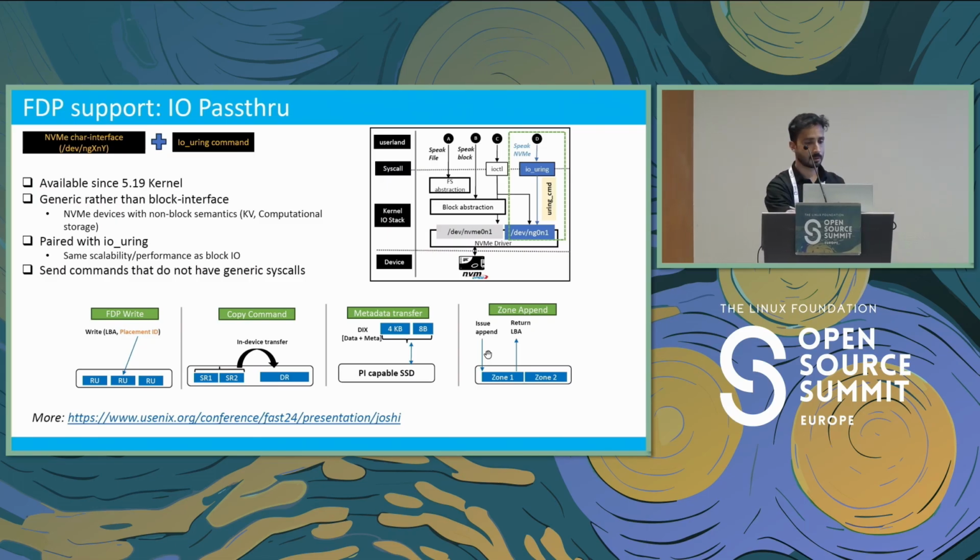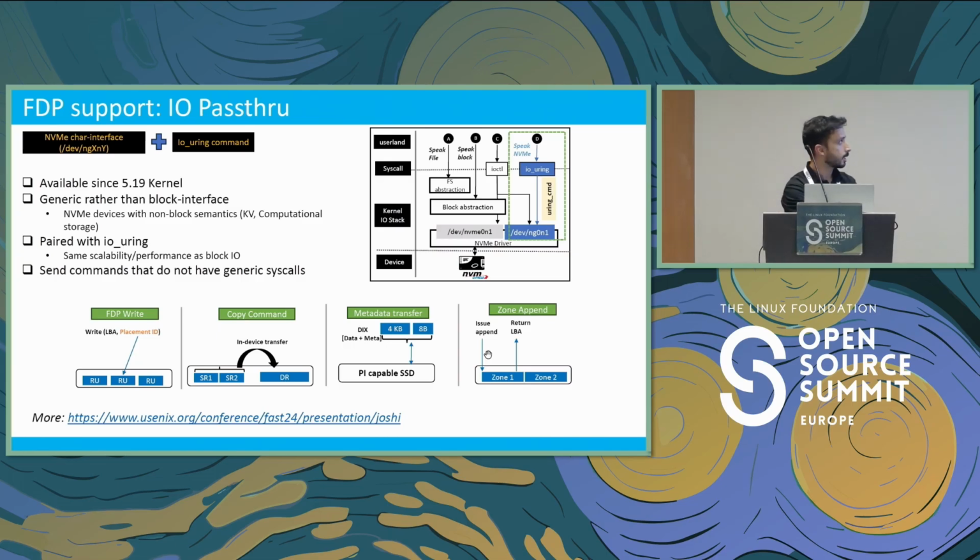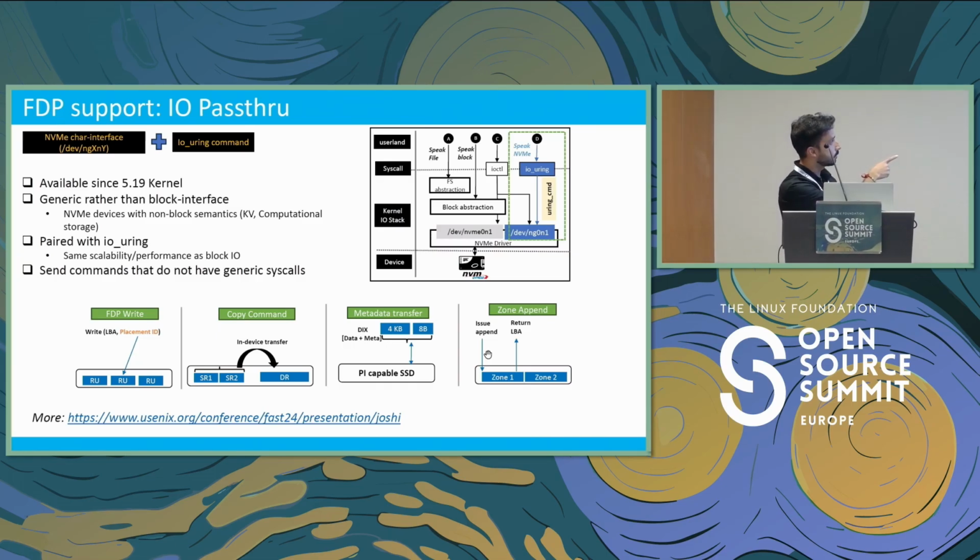So the purpose here is that this whole thing allows new commands to be passed without having to introduce generic syscalls. And the first one here, FDP write, is the one which is possible with this. Many other commands are also possible.